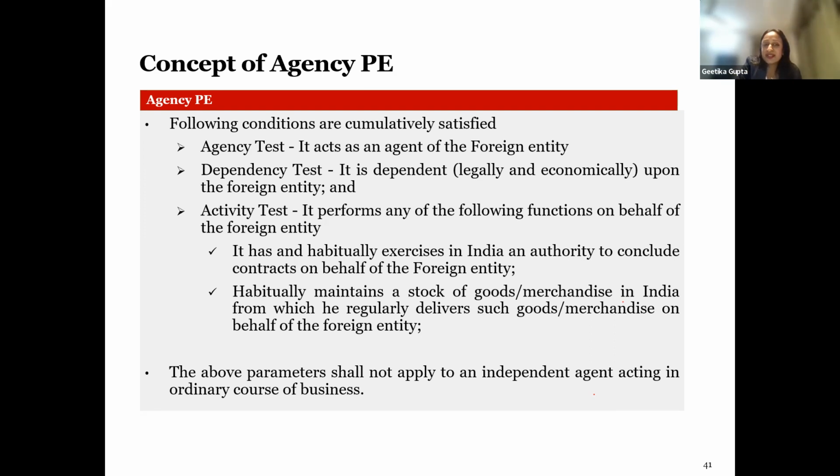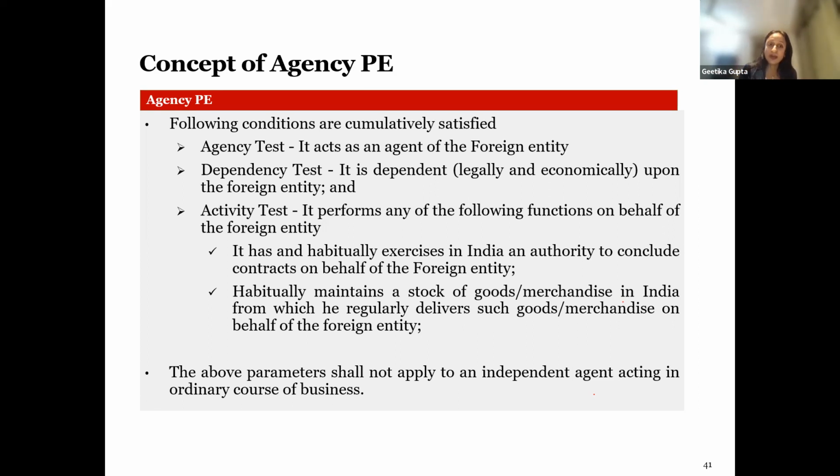Coming back to the cumulatively satisfied conditions, we test agency. Are you an agent? Okay, let's say yes. Next condition, are you an independent agent? Yes, then no PE. Next, if no, I'm not an independent agent, I am a dependent agent.